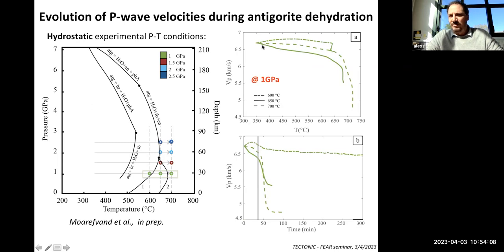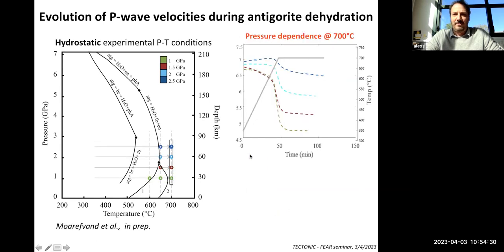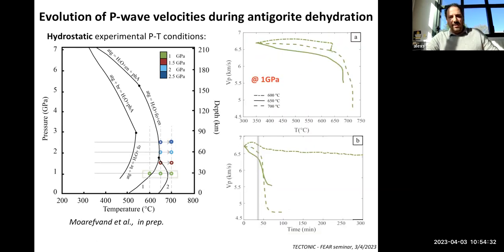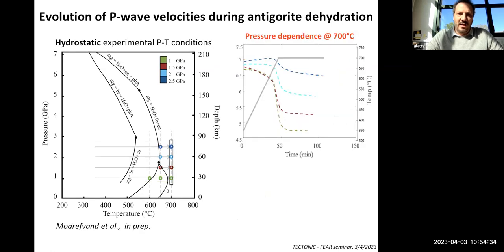This is a subsequent decrease because you see we started at 6.5 and we end up at 5.5. And then if we do the complete reaction, we go from 6.5 to about 4.5 kilometers per second. So this is a very substantial decrease in P wave velocity. And here you see the same plots as a function of time with this typical sigmoidal shape that I will come back to just a little after that.